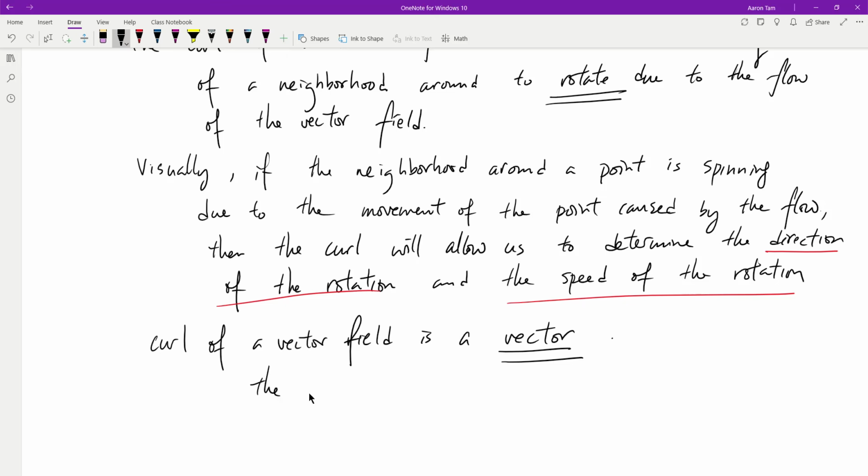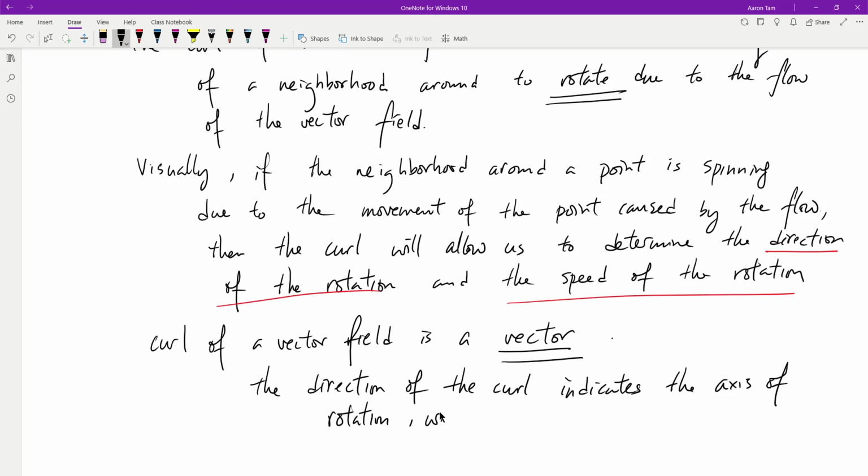So the direction of this vector, the direction of the curl, indicates the axis of revolution, with the direction of rotation following the right-hand rule.